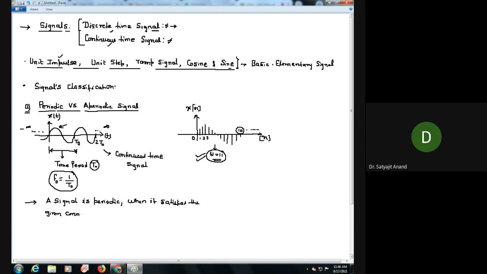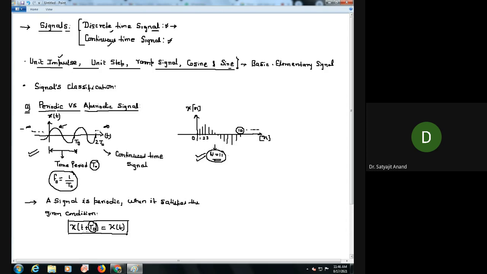So what is the condition? For the case of continuous time signal I am discussing here, x of t plus t naught, that gives you x of t, then this signal will be periodic. Here t naught is the fundamental period.